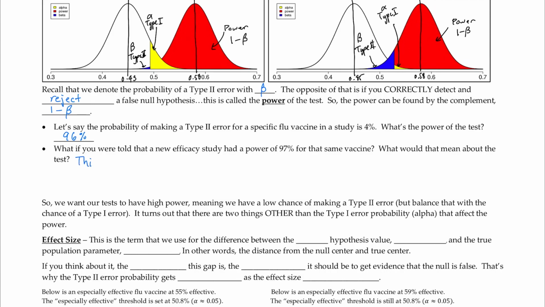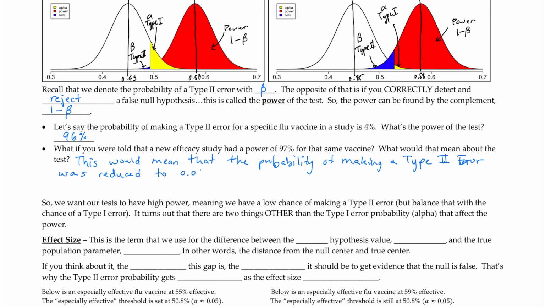So this would mean that the probability of making a type 2 error was reduced to 0.03 or 3%, which is beta.